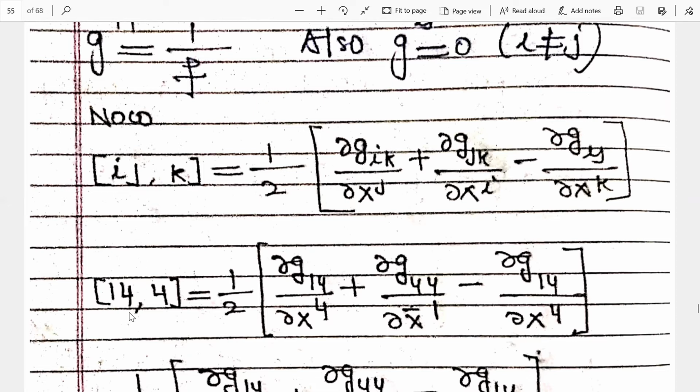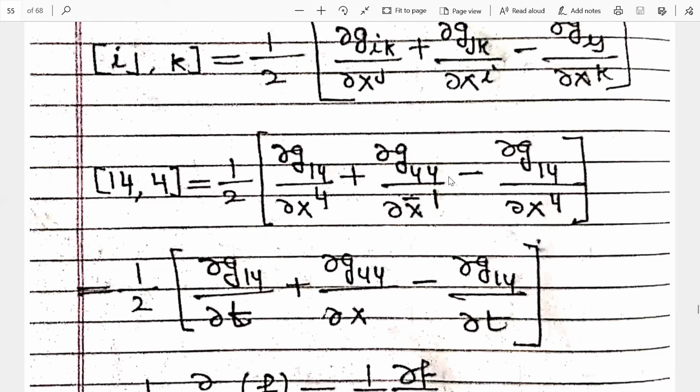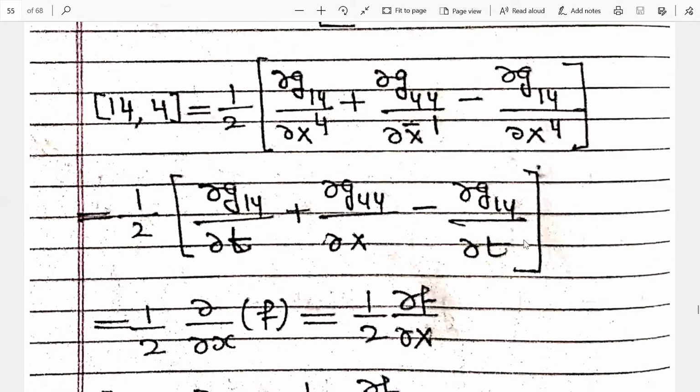Now in this case, what is i? 1. What is j? 4. What is k? 4. So substitute, right? Now what is x4? x4 is t. x1 is x, and x4 is t. So just substitute the values, right?